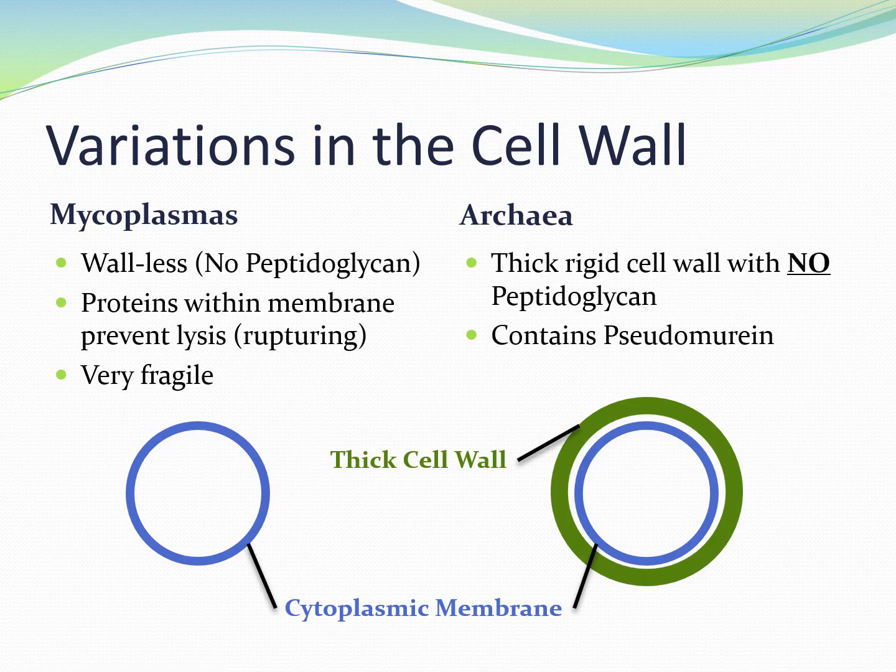Now, in talking about our cell wall within our prokaryotic cells, we do need to talk about if they're not gram-positive or gram-negative, then what are they? Well, they could be mycoplasmas, which are certain types of bacteria that don't have peptidoglycan. So this is a little bit funky, a little bit weird.